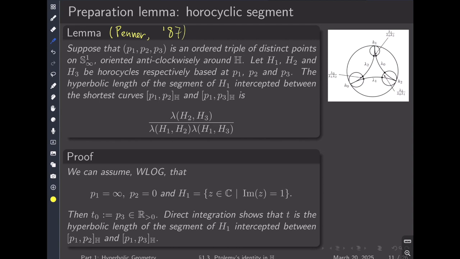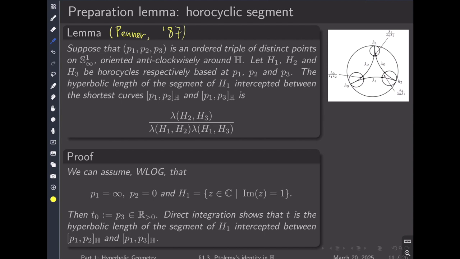Do you agree? Because if the base point of the horocycle is a real number, well, if it's 0, then I just apply 1 over x, and the image of the whole configuration has that vertex as the point at infinity. Otherwise, let's say it's a positive real number.